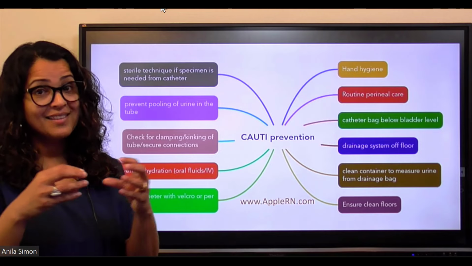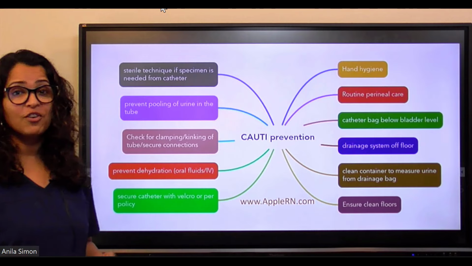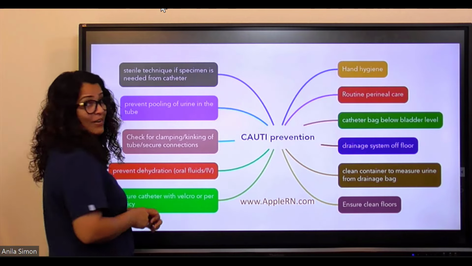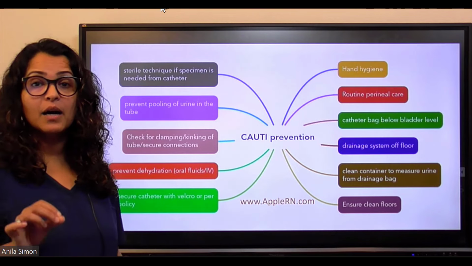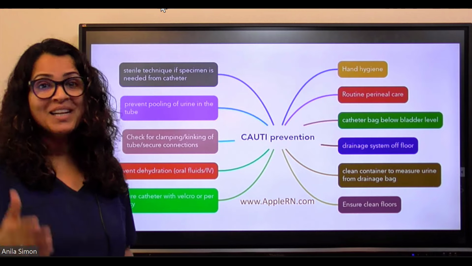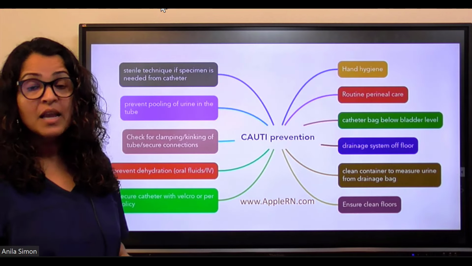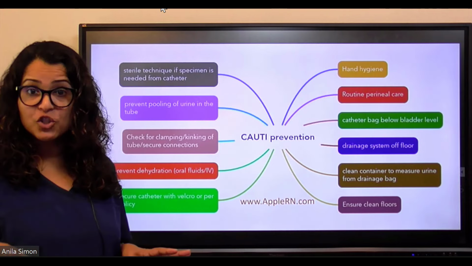Also make sure that everything is secure, it's not leaking, and there is no entry for any pathogens. Prevent dehydration. When someone has a urinary catheter, of course we can measure the output which is coming, but it's also very important that we keep the patient adequately hydrated.